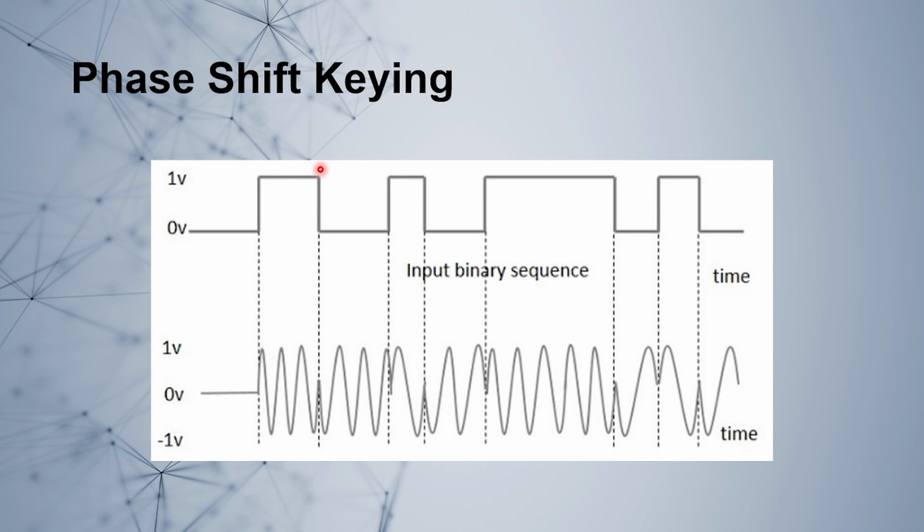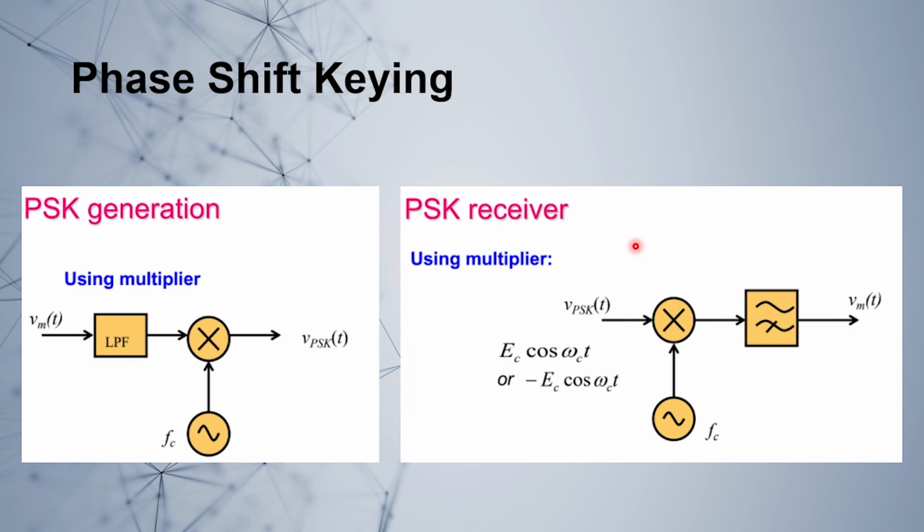So it should go from 1 to 0, and it will stay at this one bit value until a phase change occurs, and it will change from 1 to 0. So that is the main idea for this phase shifting. For the generation, we can use a multiplier, and also for the receiver we can use a multiplier, and here we have a coherent detector.